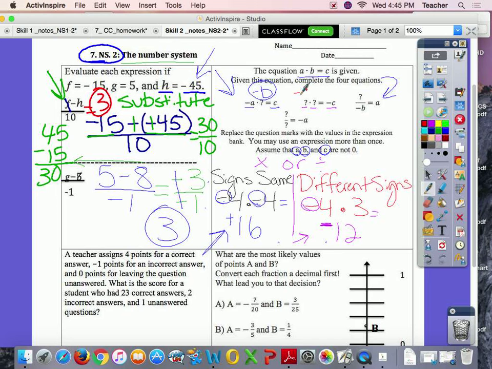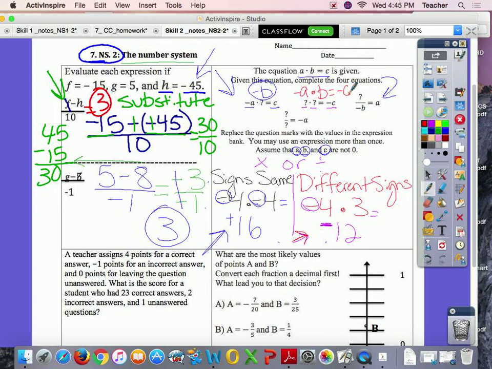We're going to do -A times, is B going to be positive or negative? Think about our rule. Positive is going to equal a -c. Good. Now, what if we switch those around? Could we switch around and make it a +A times a -b?